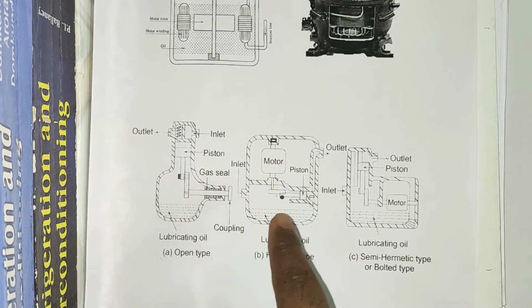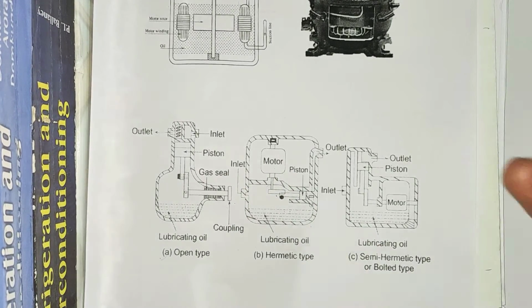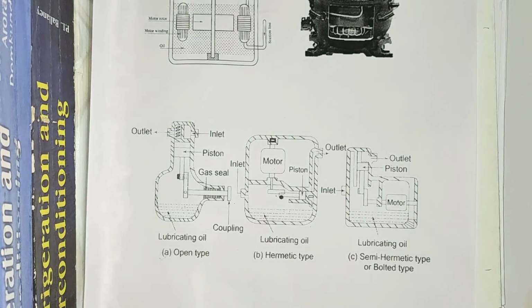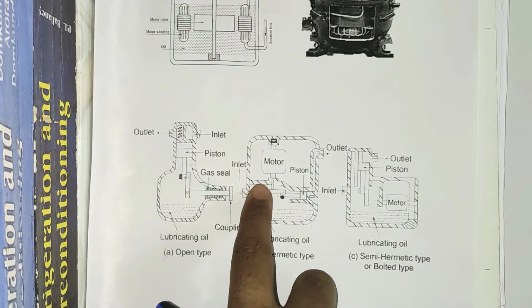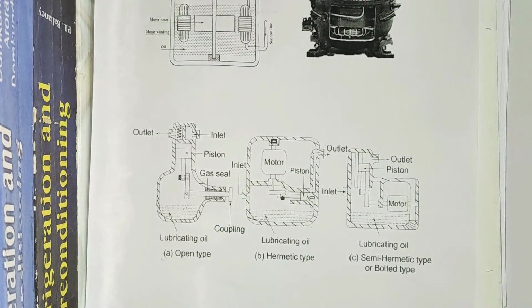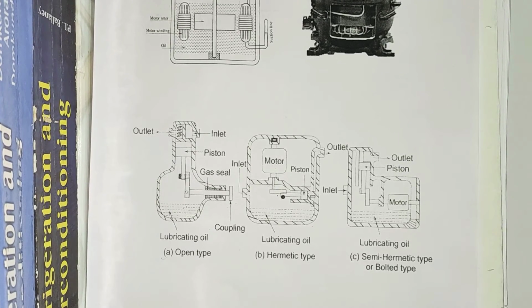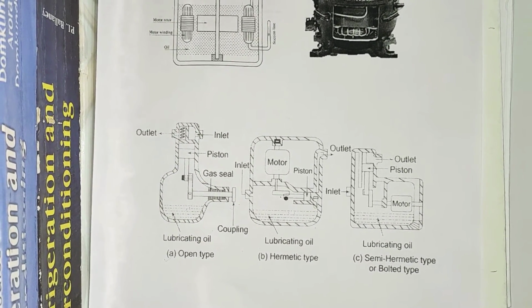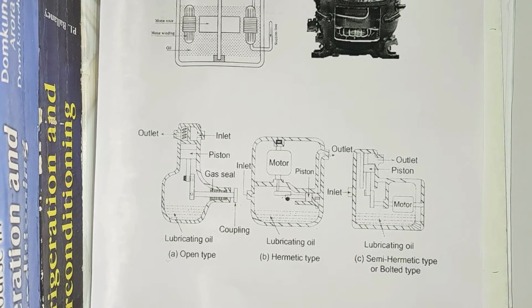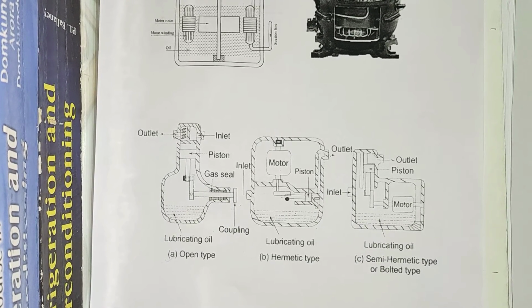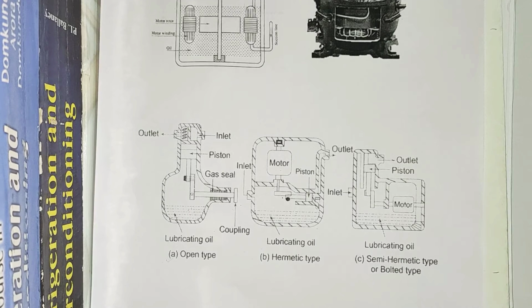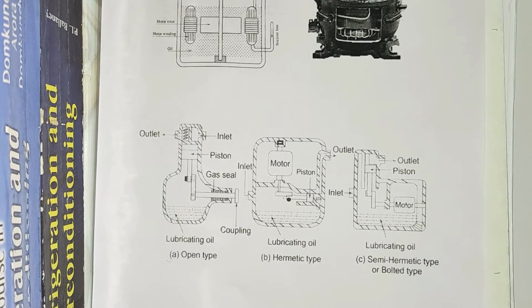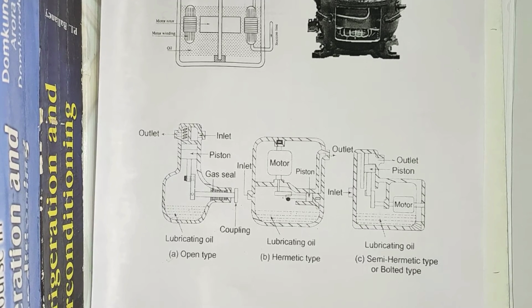There is no extra arrangement for cooling from outside. That is why one portion of the cold suction gas is used to cool the motor and the compressor drive. So a part of the refrigeration effect is lost for cooling of this entire arrangement. That is why the COP of the system is less with respect to open type.